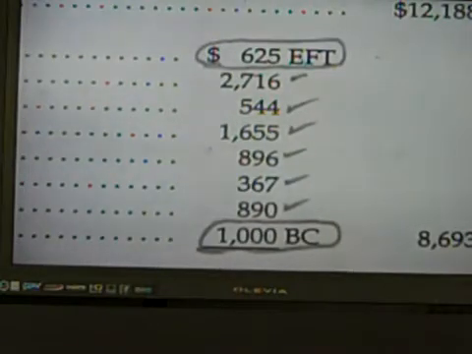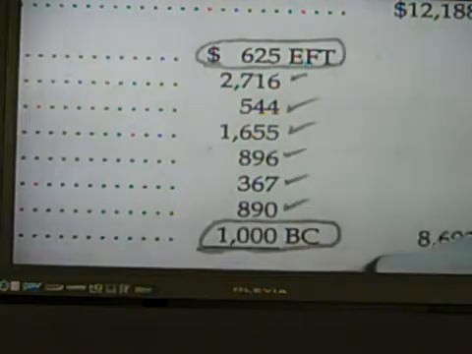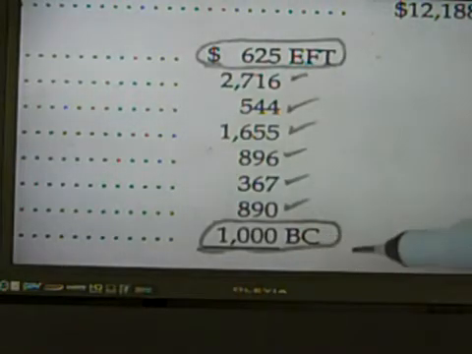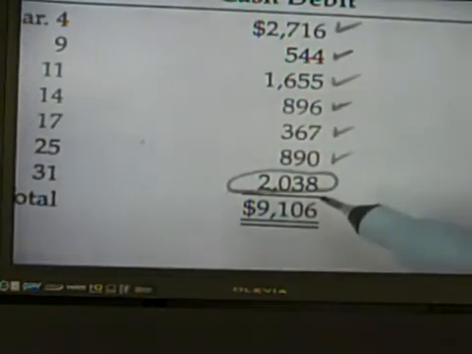So there's another reconciling item. So in our deposits and receipts area, we have identified 3 items that don't reconcile. This $625 electronic funds transfer, this $1,000 bank collection, and this $2,038 that we have on our books that's not on the bank. So those are reconciling items.